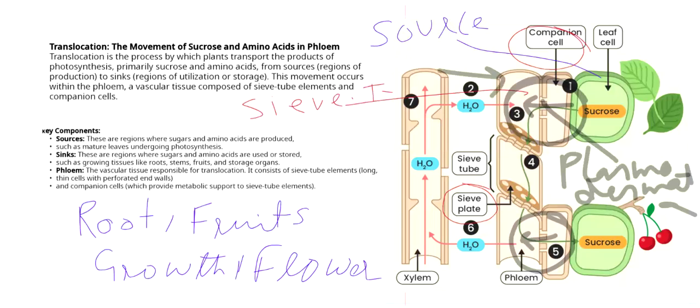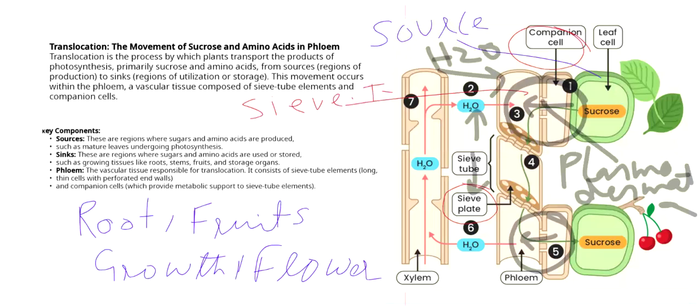Because of this, water pressure becomes high in the phloem now, because of the entrance of water from the xylem. Water moves in both directions, upward and downward, in the sieve tube cells, and water moves maximum toward the sink areas.